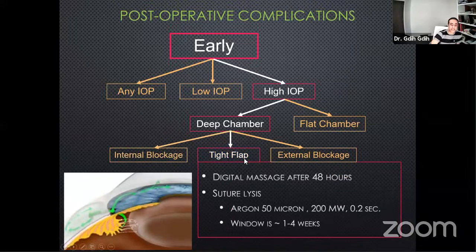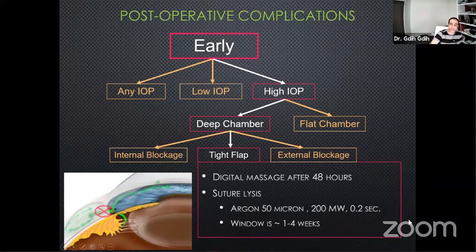And then tight flap. If it is within 48 hours, digital massage; after 48 hours, you can do suture lysis. Suture lysis you can do using argon laser with a very small spot size. But keep in mind, suture lysis is something you can do within 1 to 4 weeks.